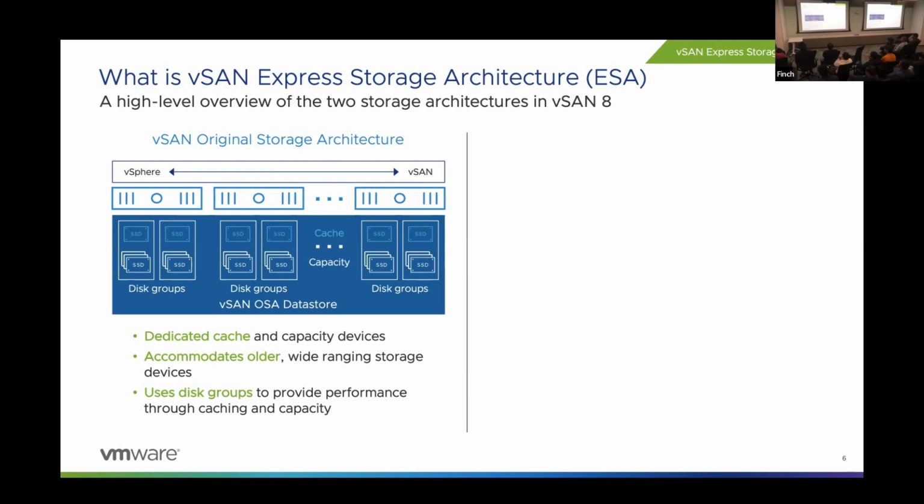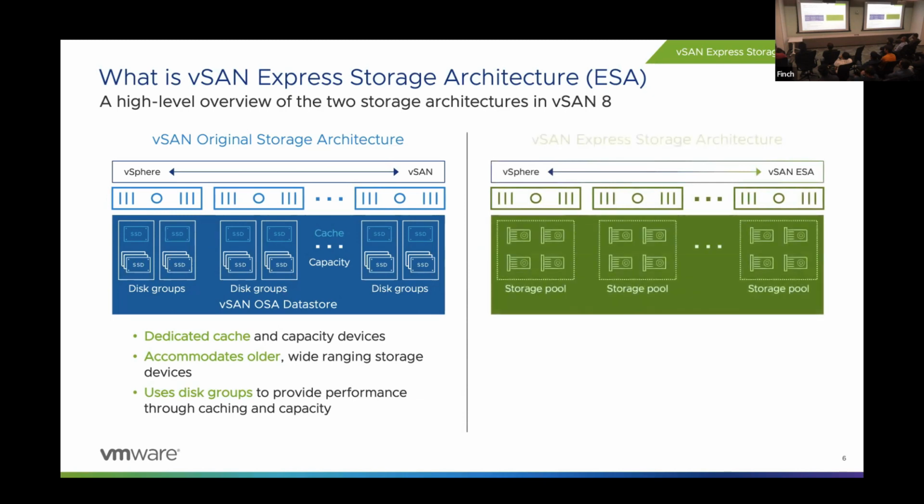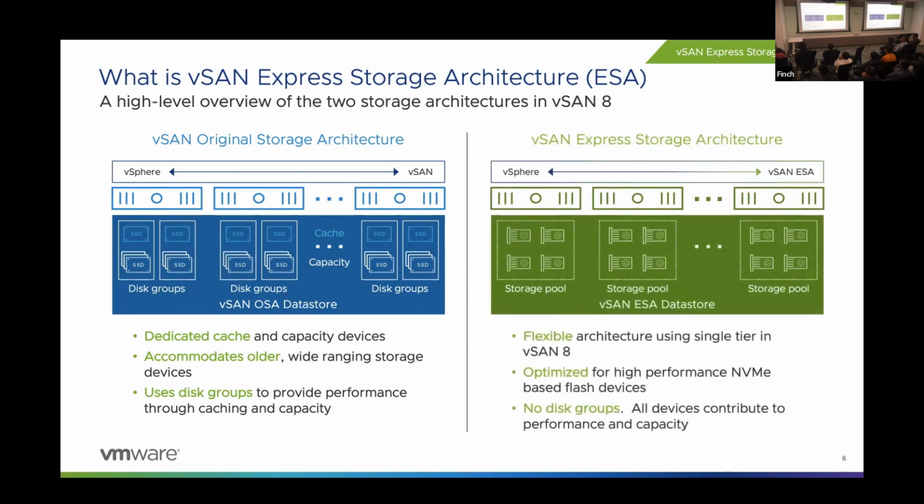When I compare it with ESA, the Express Storage Architecture, there is no concept of disk groups here. You have a single storage pool where you don't have a capacity or cache disk. It's just your storage devices all combined together in one storage pool.